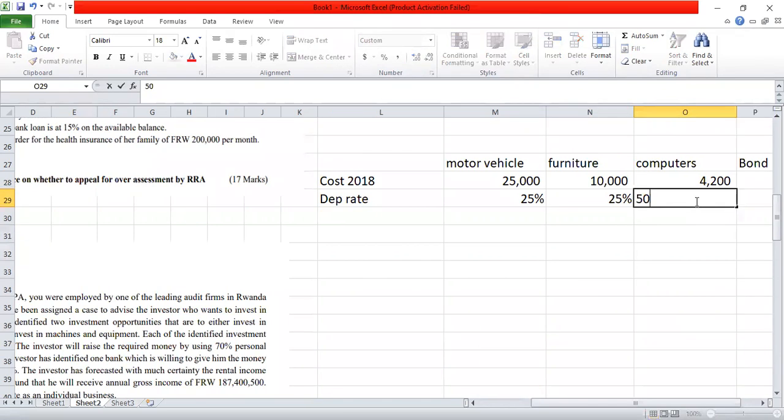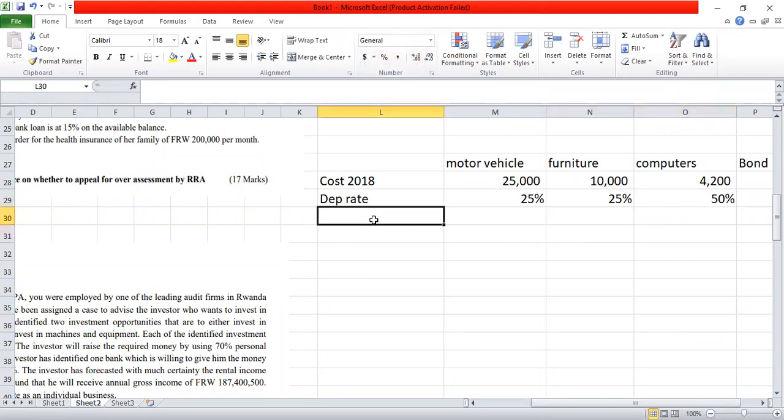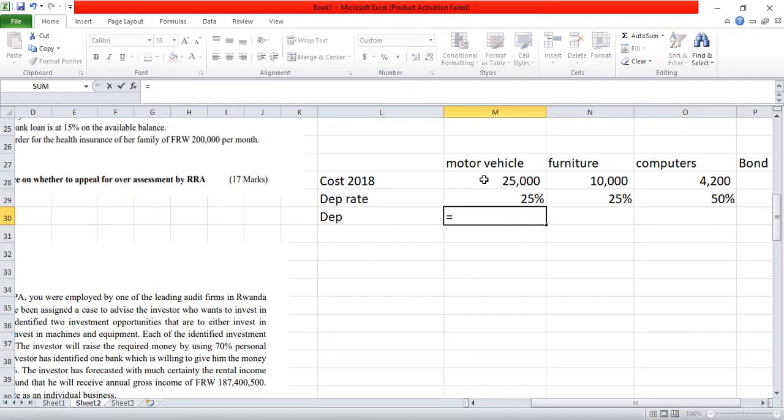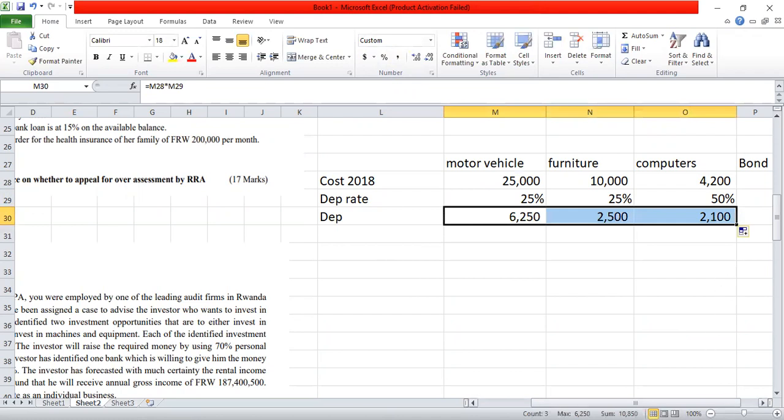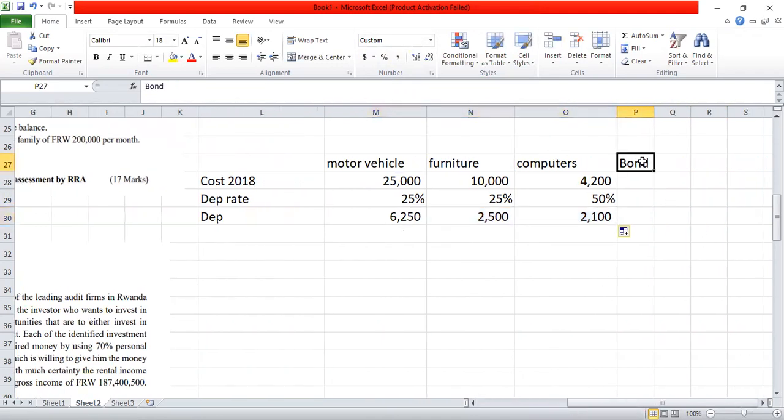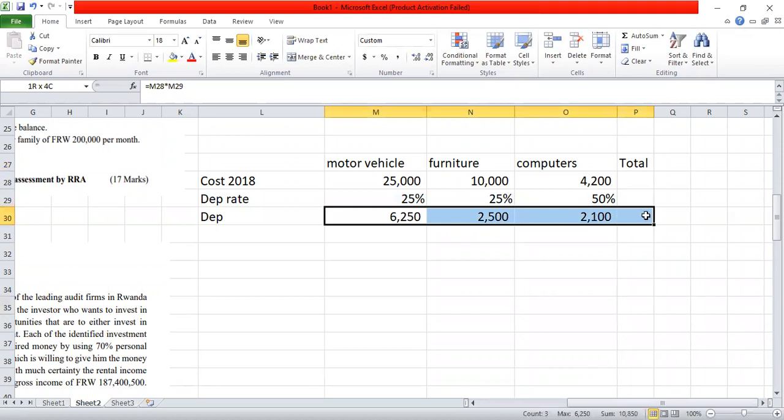This one is 50%. So depreciation, so this will be the depreciation in 2018, but we don't need the depreciation in 2018.